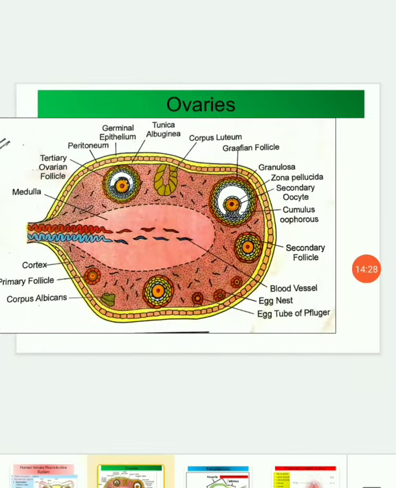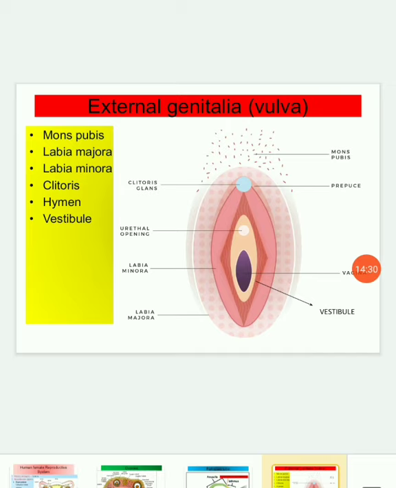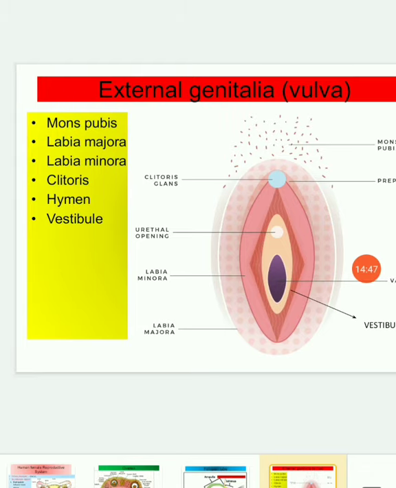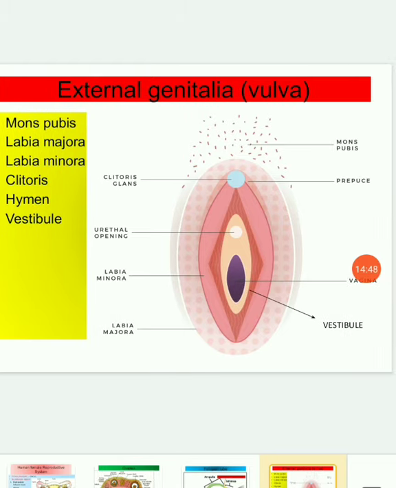Now have a look at the next structure, the external genitalia, which is called the vulva. I'll show you the picture of it. So this is the picture of the genitalia. The first portion is the mons pubis.